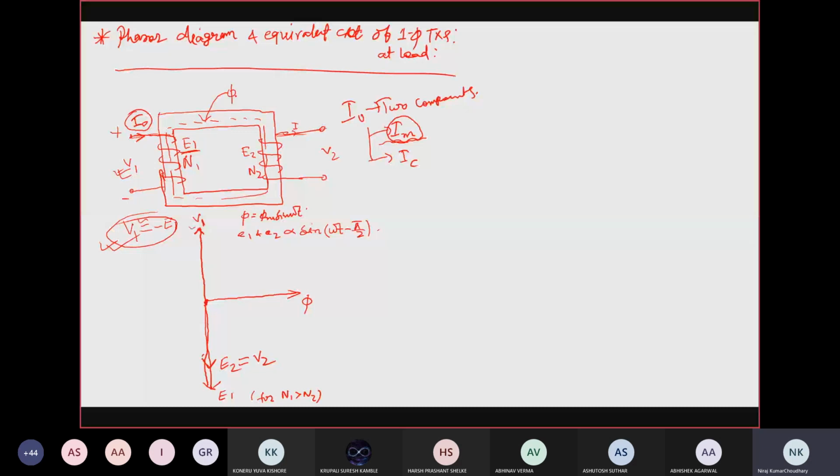Because you know that in a lossless inductor coil, the current lags the applied voltage by 90 degree. ठीक है, तो ये I naught, which has two components, is flowing through the primary coil because of the application of this source voltage or input voltage V1. तो जो IM होगा, that will lag the applied voltage by 90 degree. In other way, you can also think about it, that IM is basically producing the core flux phi, right?